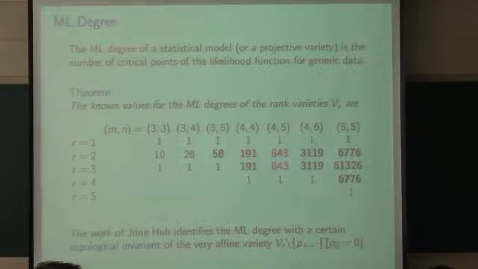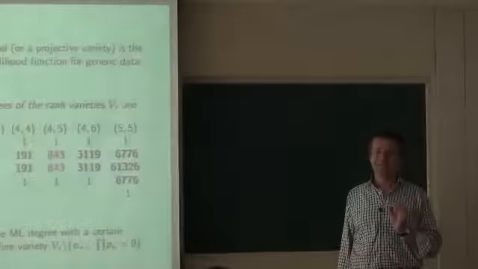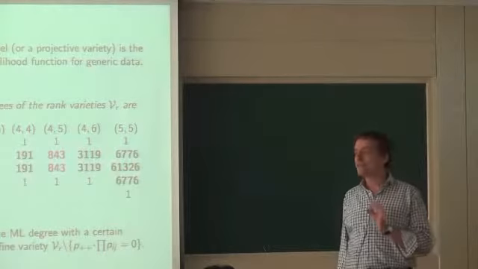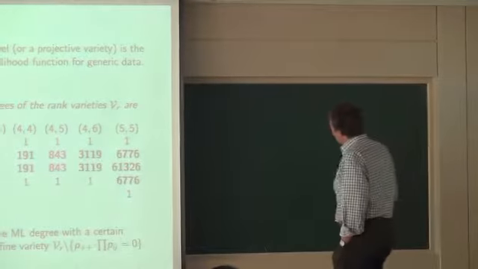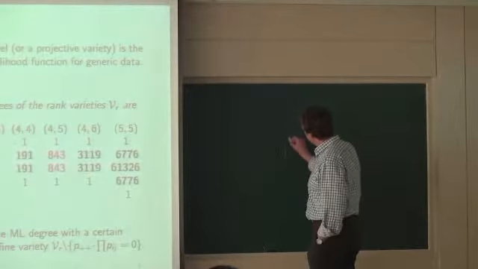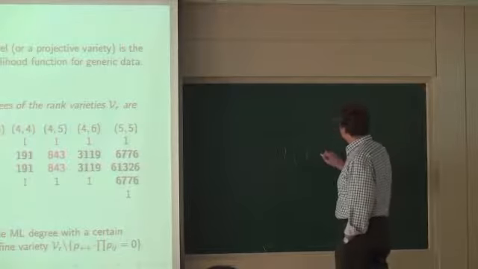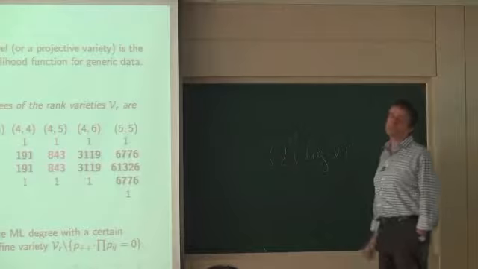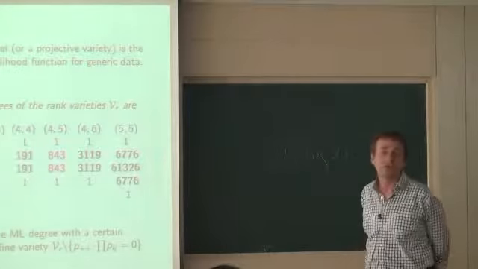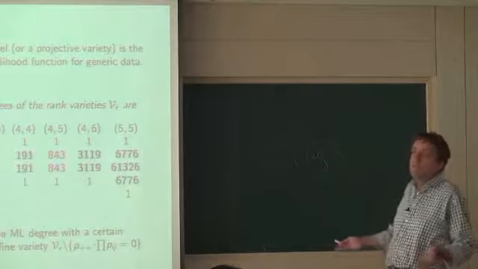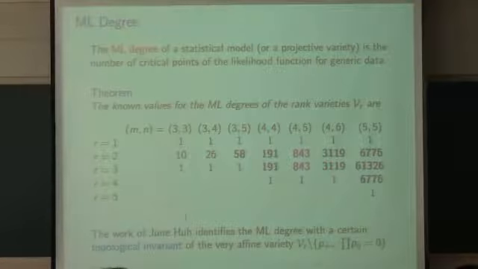It's not easy, because you need to clear denominators. Clearing denominators is a very difficult thing to do. That's a saturation problem. Algebraic geometers would say this is really working with sections of a sheaf of differential 1-forms, with logarithmic singularities along the vanishing of the probabilities. To work with these sections, you have to clear denominators, and that's very difficult to do symbolically.